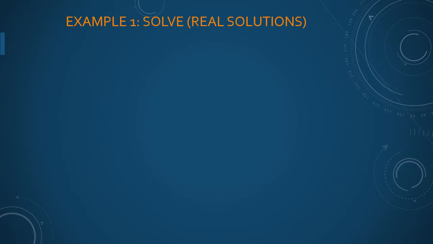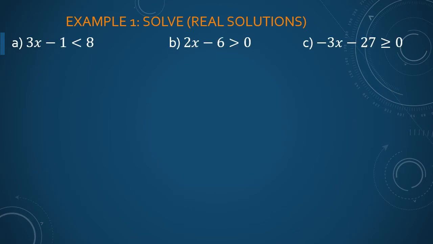Let's get to some examples. So we got our first 3 examples. And how you solve these, you treat that less than symbol like it was an equal sign. So generally speaking, you want to have all your variables on one side and all your numbers on the other side.